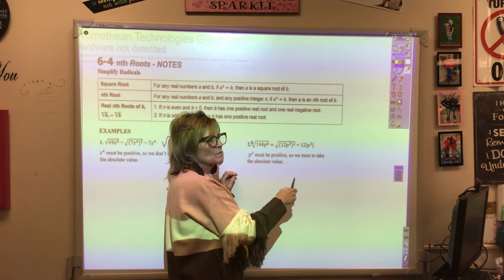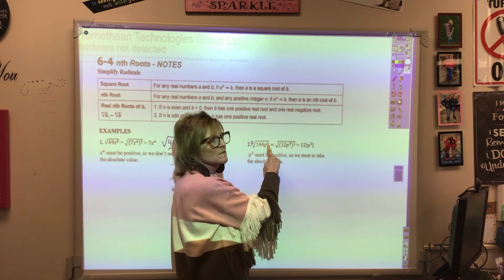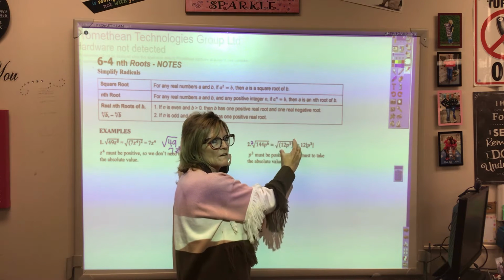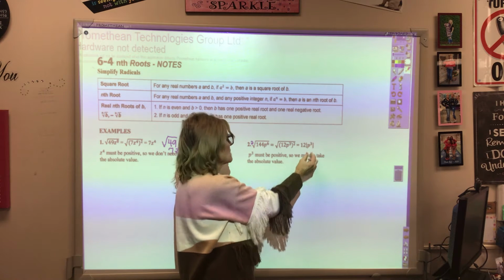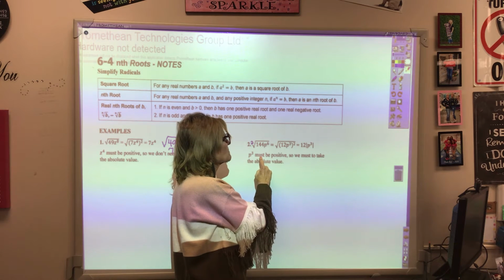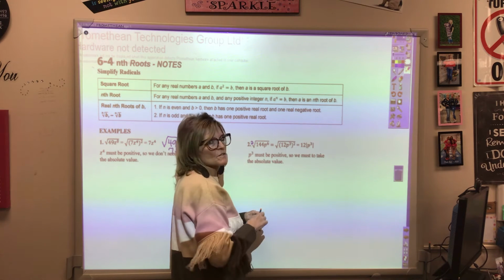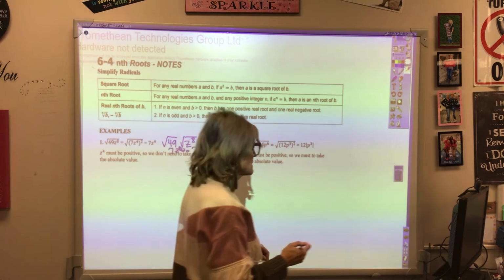So this is the one rule I want you to try to remember: when you have an even root of an even power, but after you take the root it becomes odd, you have to put it in absolute value. p to the 3rd must be positive according to the rules, so we must take the absolute value. I'll try to catch those as we do these.